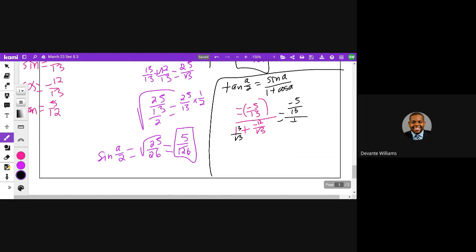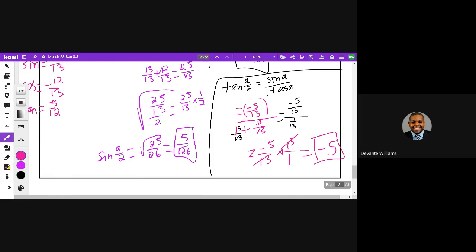Remember, when we divide two fractions, we want to keep, change, flip. So now we got negative 5 over 13 times 13 over 1. The 13's cancel out. We're left with negative 5. So the tangent of the angle divided by 2 is negative 5.